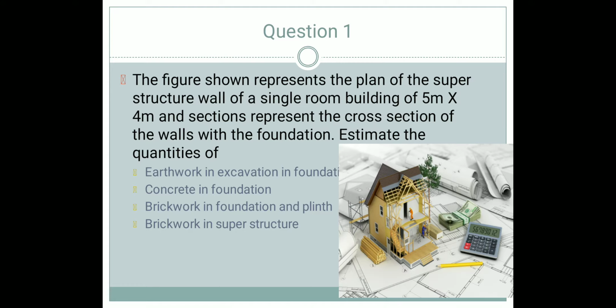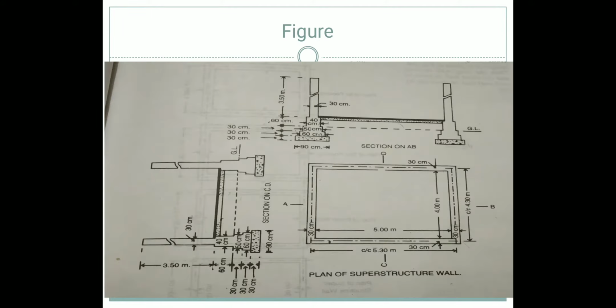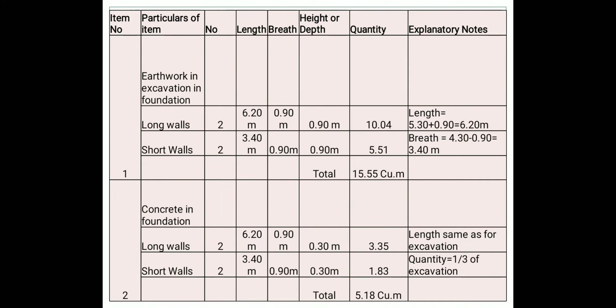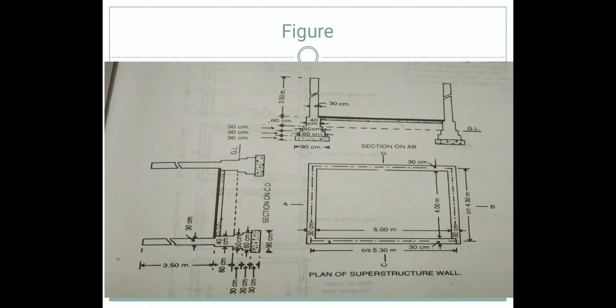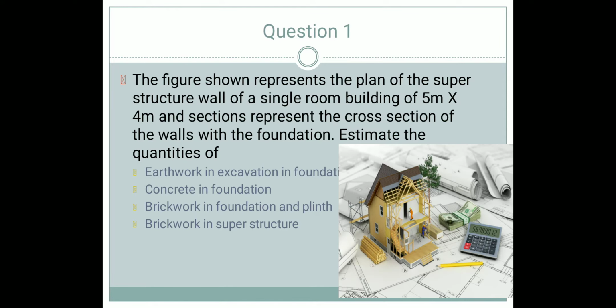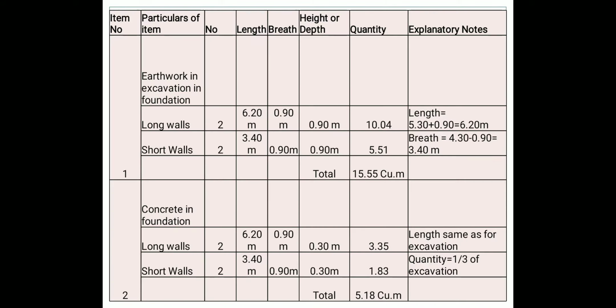Let us see the picture. Here the picture is showing a simple room and the cross-sectional details at A, B and C, D. So we have to calculate the specifications as per given in the question: earthwork in excavation, concrete and foundation, brickwork in both foundation and plinth, and brickwork in superstructure. So let us move on to this.